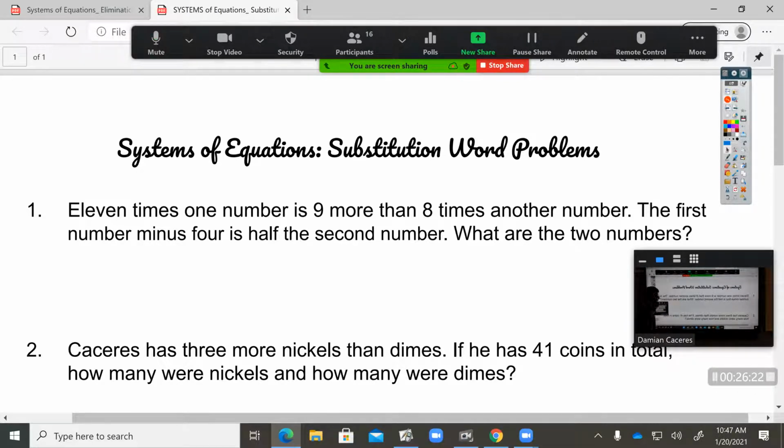Now just title it and pay attention. Okay, so my advice, definitely on substitution, you want to label the words right where you see them. Why?